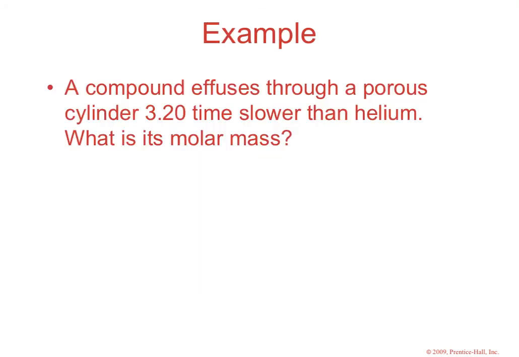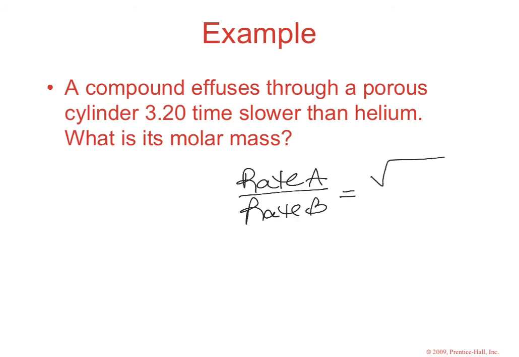Here's a sample problem. Probably the trickiest part is to know how to set up your ratio. So let me write a simplified expression of Graham's law. You've got to make sure you put the right things in the right place.